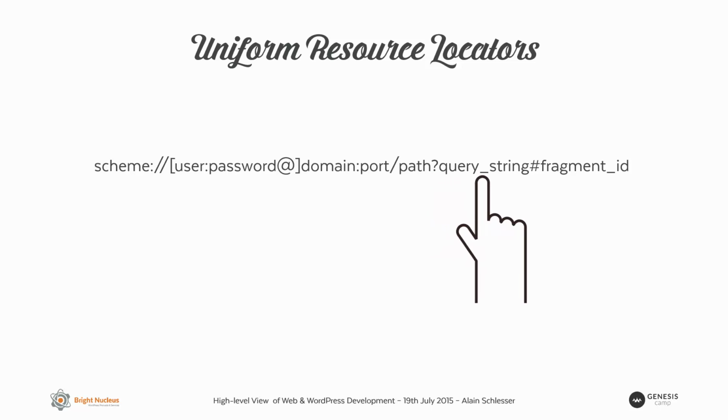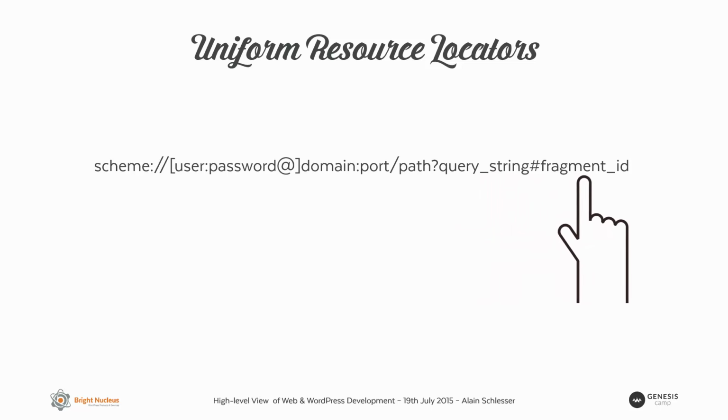You can add an arbitrary query string to the request by following the path with a question mark and name-value pairs that are separated by an ampersand. These pairs get put into GET variables and can be retrieved through PHP. As an example, in WordPress, when you use the search box, the search results page gets loaded with a query string that contains the lowercase letter s as the name and the text you're looking for as the value.